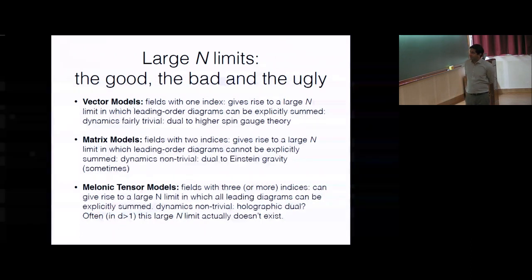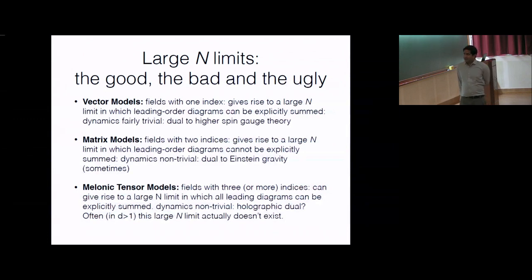In this case, the large N limit is dominated by planar diagrams, which in a genus expansion look like worldsheets of a string, so they're closely related to string theory. But you cannot sum even all the leading order diagrams, and hence the dynamics is very non-trivial.